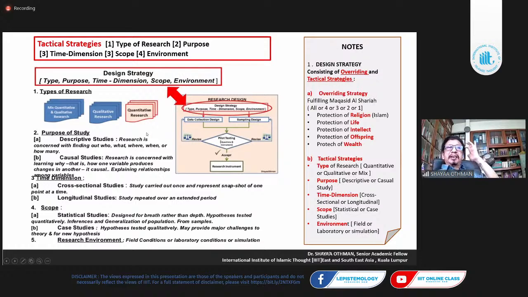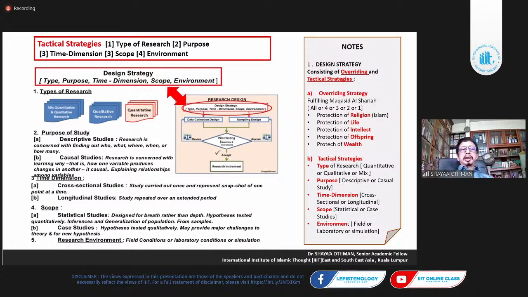You see, for example, in terms of the type of research you choose, there are so many types of research, the applied research or pure research, it is to fulfill the advancement of Islam, the advancement of life, protection of life, the advancement of intellect toward development, not disintegration.